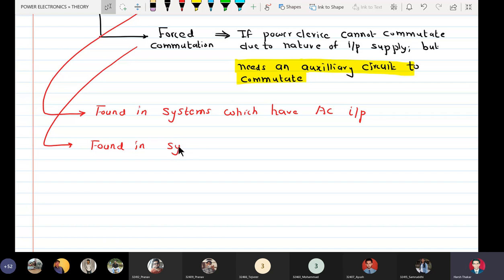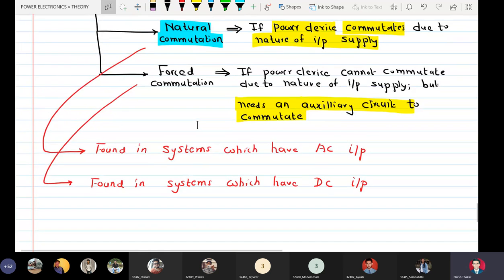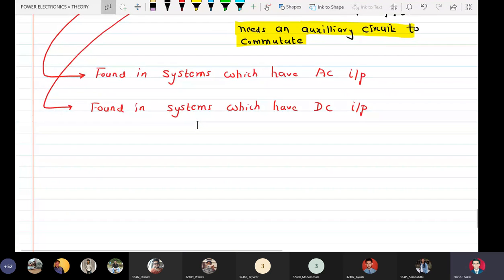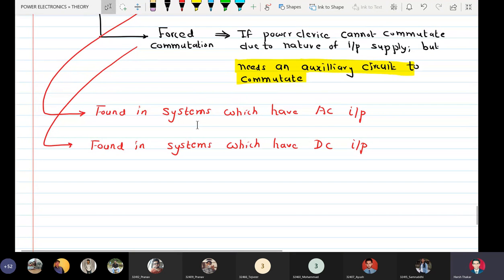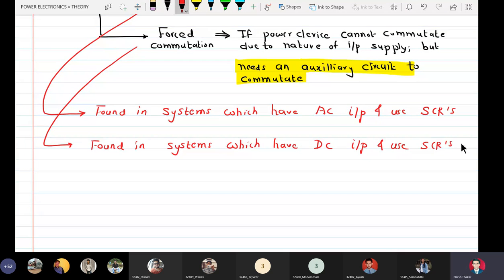Understand one thing, that force commutation is required only for SCRs. So natural commutation is found in systems which have AC inputs and they use SCRs, and force commutation is found in systems which have DC input and use SCRs.